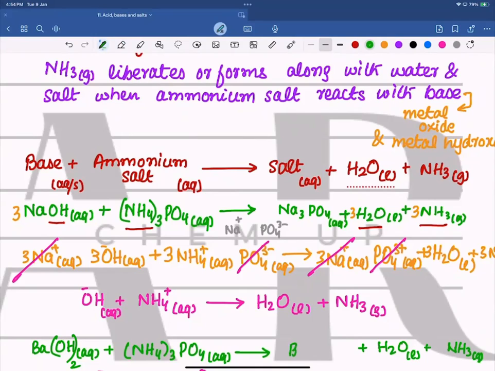Ba3(PO4)2. If we balance the equation now, as there are 3 Ba, I'm going to put a 3 over here, and 2 phosphate, so I'm going to put 2 over here. That makes 6 ammonia and 6 water.